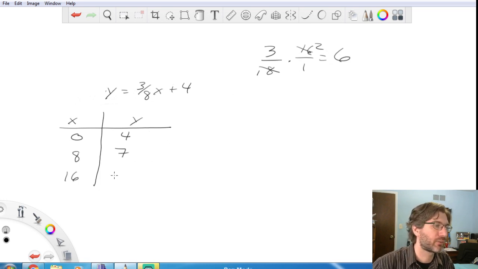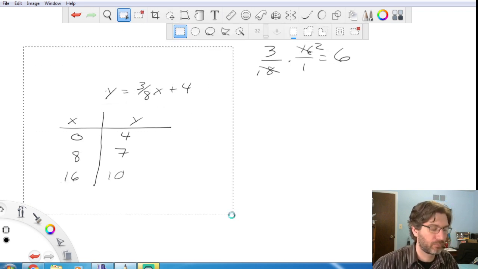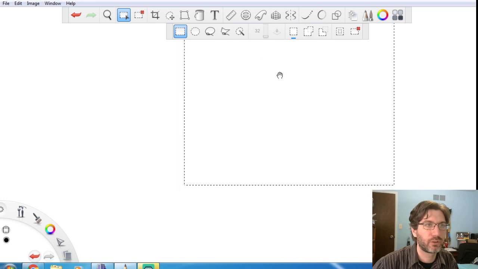Then plus 4, so you get 10. It's just easier to work with if you pick multiples of your denominator. So just a tip. I don't think there's any problems like that, but it's an option for you.